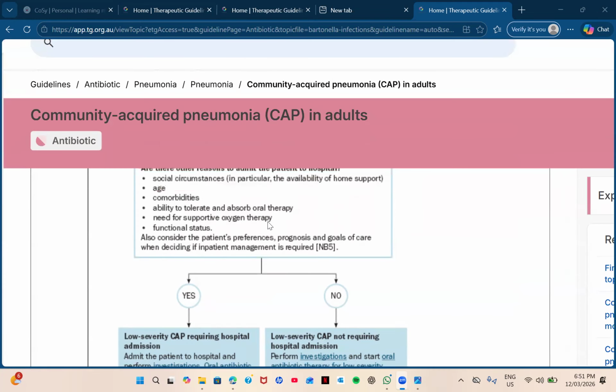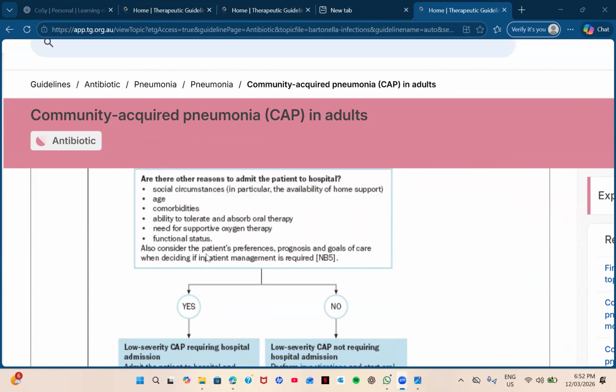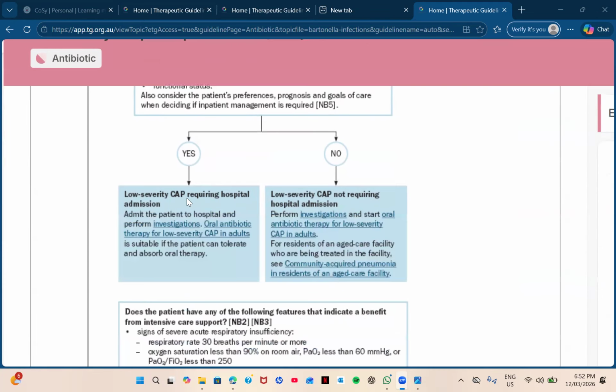If other reasons are present, then it is low severity community acquired pneumonia requiring hospital admission. If not, it is low severity community acquired pneumonia not requiring hospital admission, right? Why have they mentioned it like this? You will understand when we discuss the treatment part.